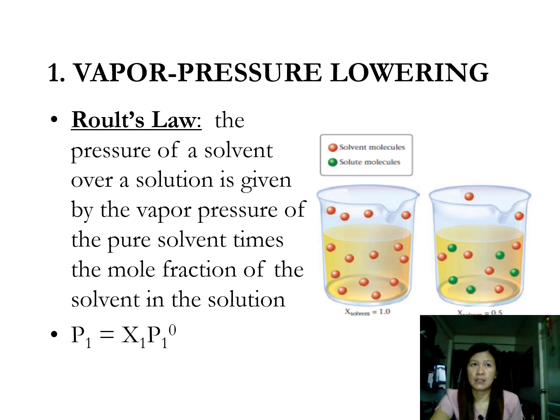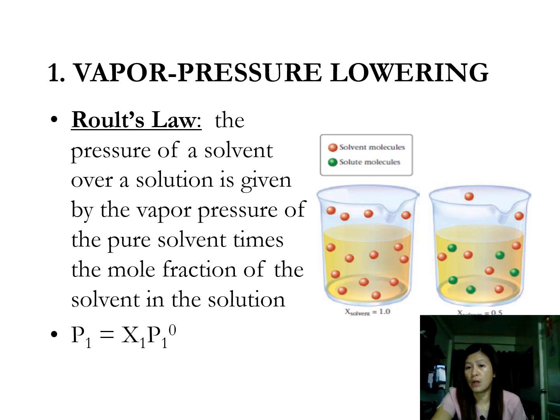So this is the vapor pressure of the solvent when it has solute particles. X sub 1 is the mole fraction of the solvent. P sub 1 superscript O is the vapor pressure of the pure solvent.